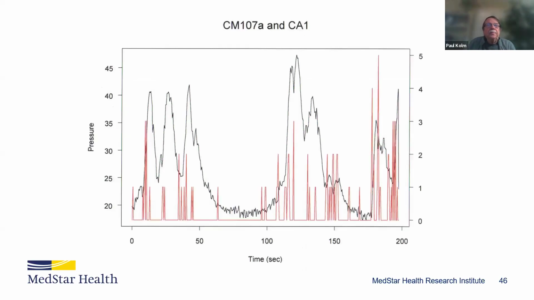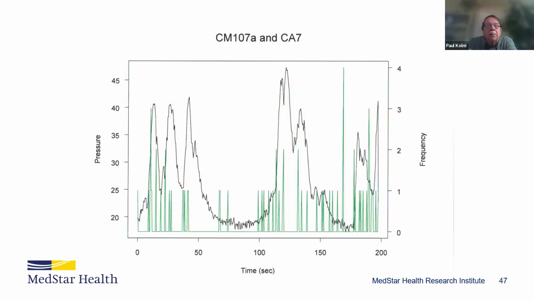Here's just the time series for number 1 overlaid with number 10. And then this is number 7 overlaid with number 10. But what we're interested in then is the cross correlations.